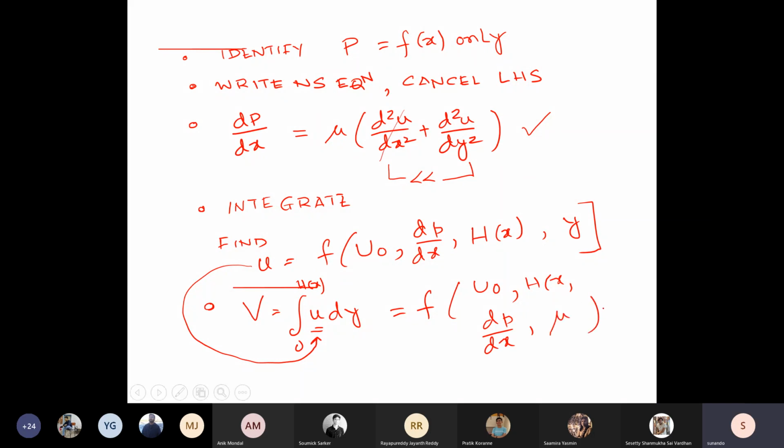So this is how you can obtain an expression for V. With this, I would assume that you would be able to find the final form of pressure. Pressure here is going to be a function of x, so evaluate P as a function of x. We would also assume that H varies linearly, like in the last problem.